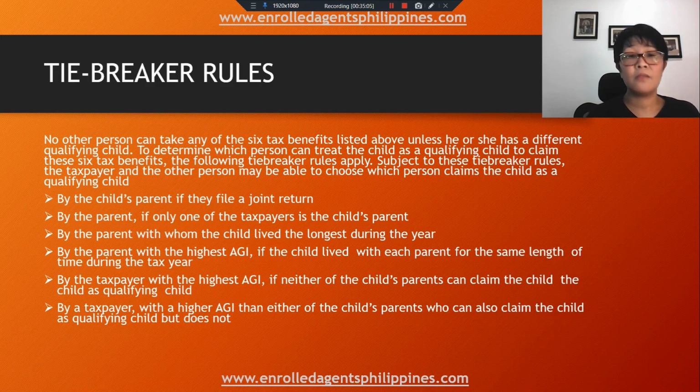So number one, in order of ano to guys, alin ang mas matimbang? By the child's parent, if they file a joint return. Okay? By the parent, if only one of the taxpayers is the child's parent. Minsan kasi dalawa, o sino yung nanay, o sino yung tatay, sino yung parent. Okay? By the parent with whom the child lived the longest during the year.